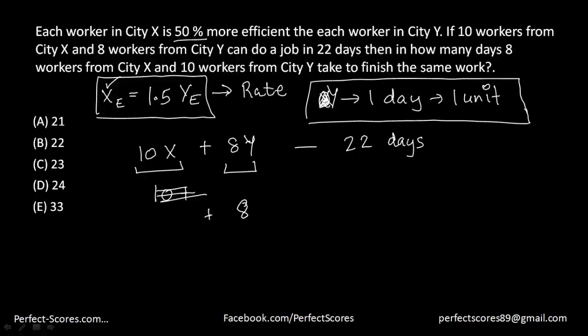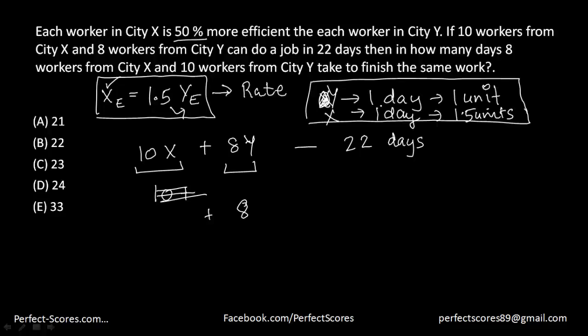Now what about X? If every worker from city Y in one day finishes 1 unit of job, then every worker from city X in one day would finish 1.5 times the number of units finished by worker Y, which is 1.5 units of job.